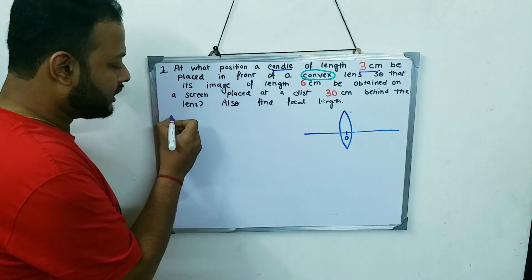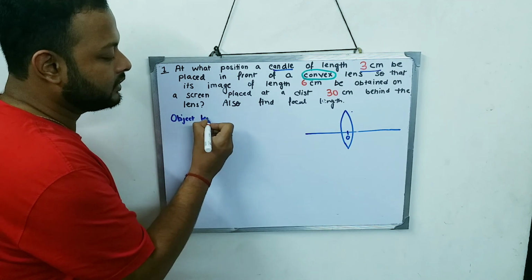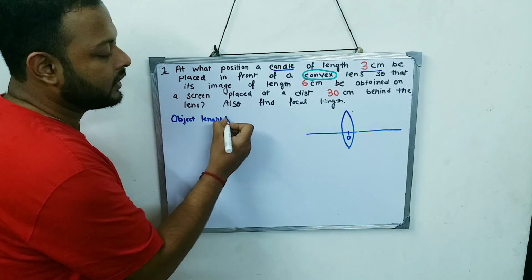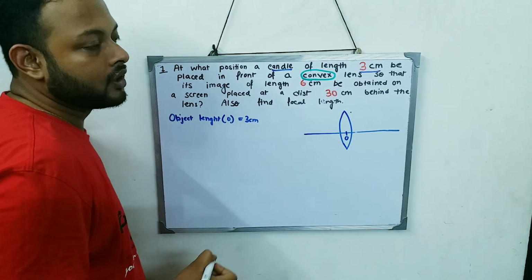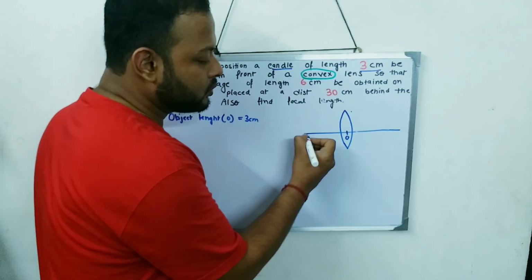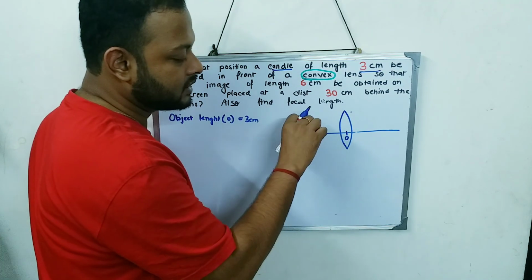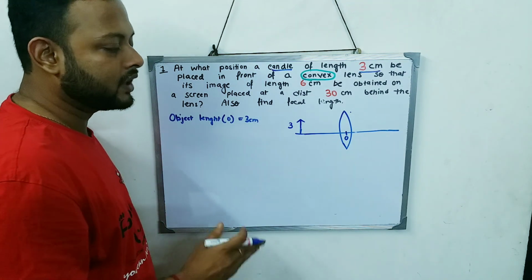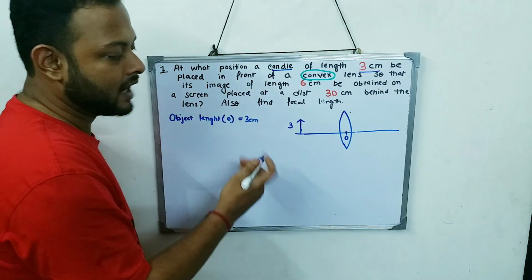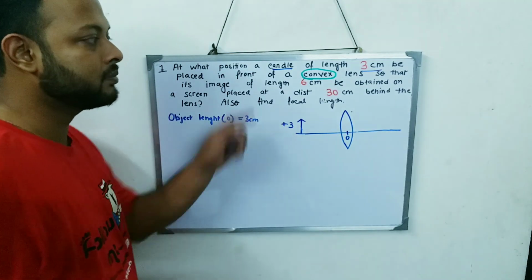So the object length, which is also taken as O, is equal to 3 centimeter. Okay, so the object is placed where? The object is placed on the left hand side, and this distance is equal to 3, right? Now you try to see whether it is above or below. It is above, so it will be plus 3. Okay, so this part is clear.